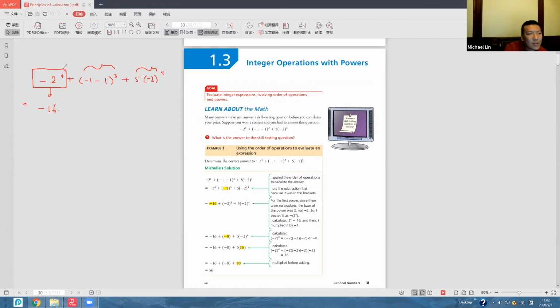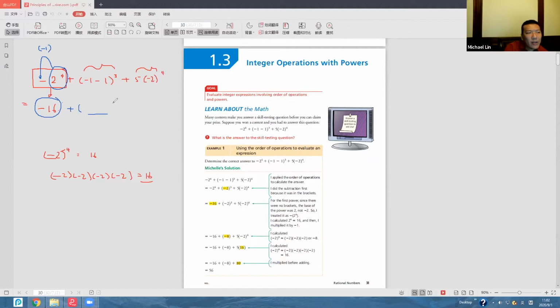So what happens is a lot of kids, when they see this, they'll think that this is equal to (-2) to the power of 4, which is equal to +16, because -2 times -2 times -2 times -2 is +16. And again, that's not true because when we follow order of operations, we actually need to do this exponent first, which is 2 to the power of 4, which is 16. And then afterwards, we apply the negative sign, which is equivalent to multiplying it by -1, right? So our final answer here works out to be -16.